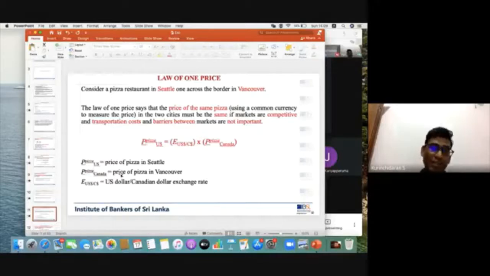Similarly, if you have the price of pizza in Canada with the exchange rate, you can calculate the price of pizza in the US, right? So based on this law of one price, this is the way it should happen in the market, where the markets are competitive and the transportation cost and barriers are not important. Clear? Okay.